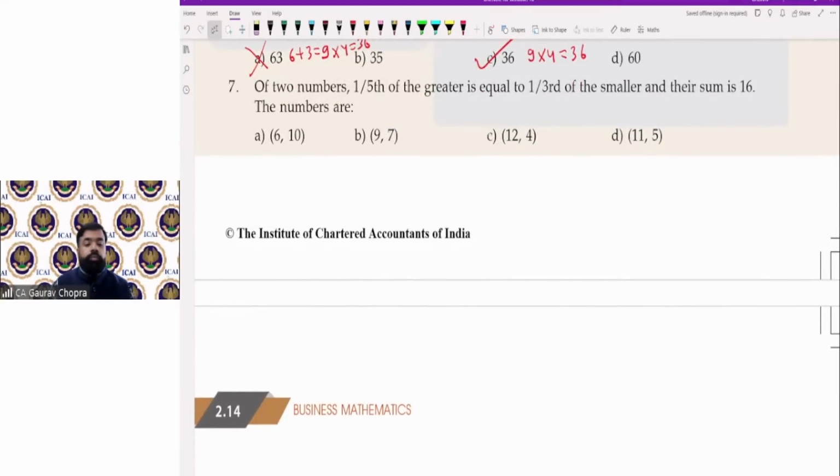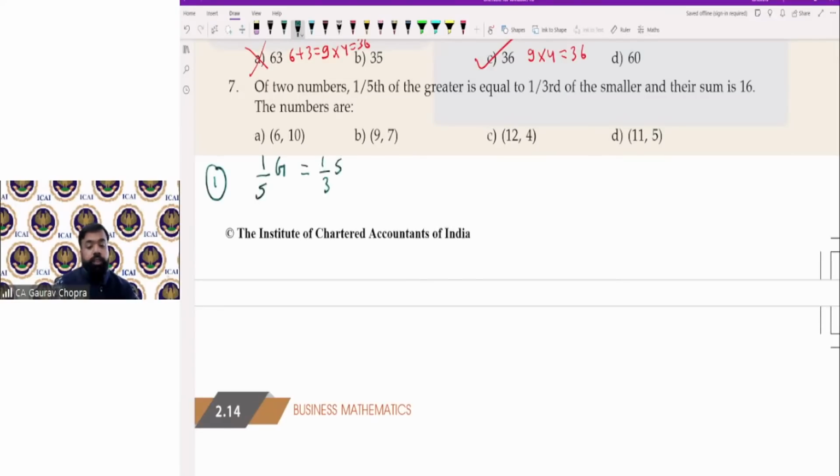Seventh, of the two numbers, 1/5 of greater is equal to 1/3 of smaller, and the sum must be 16. So the first condition available is 1/5 of greater number is equal to 1/3 of smaller.